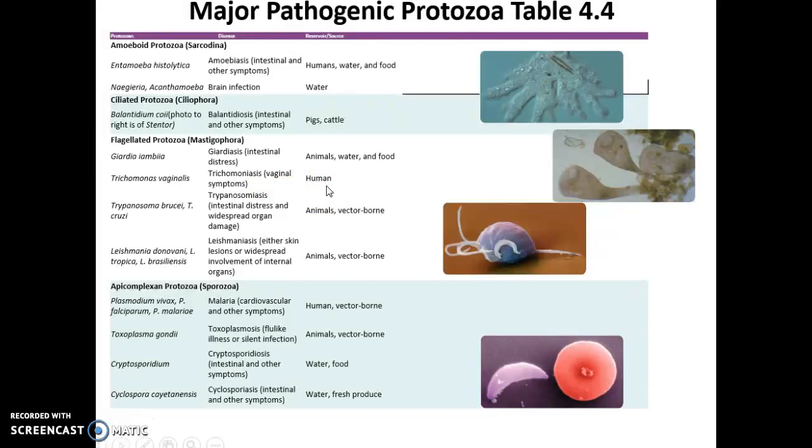You don't get this from any other place. Trypanosoma brucei causes intestinal distress as well as widespread organ damage, and the reservoirs are going to be animals. It's vector-borne, and that is the way humans contract this disease. Leishmania, leishmaniasis, is generally going to be skin diseases, and we won't look at some of these.